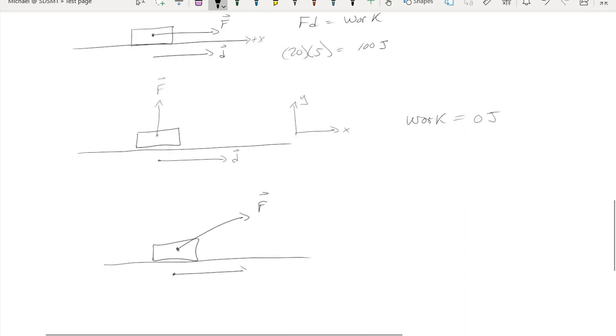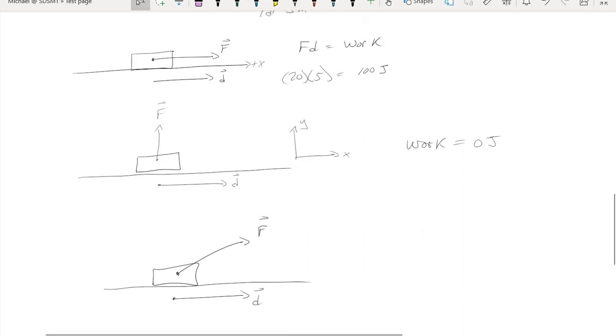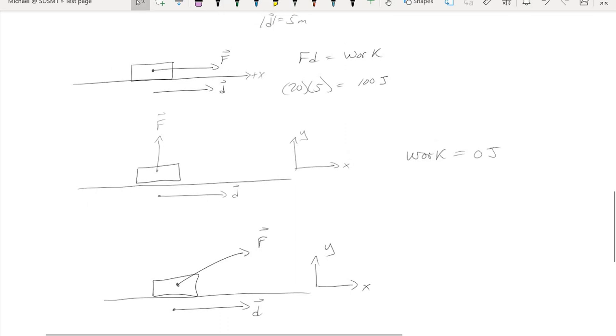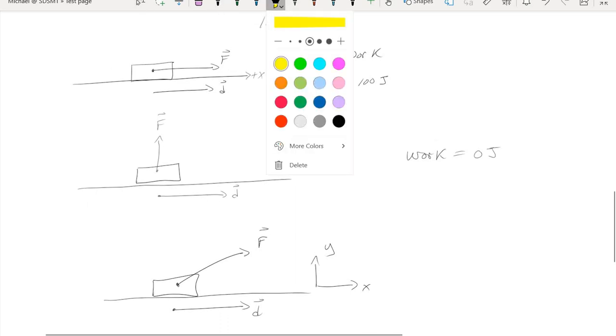And we have the same displacement. Would that force contribute work in moving the mass along the displacement of d? In this case, you'd say, well, yeah, a little bit.